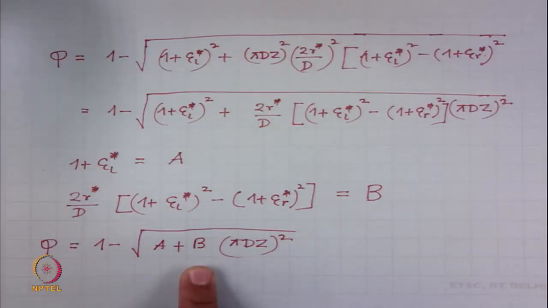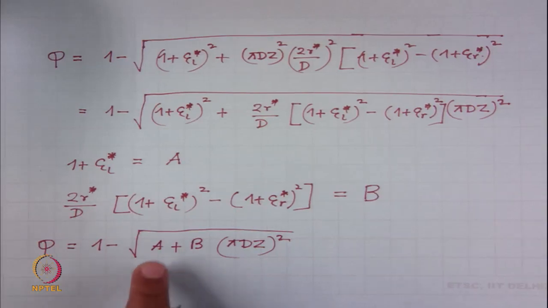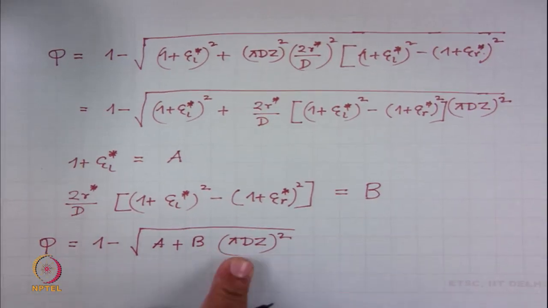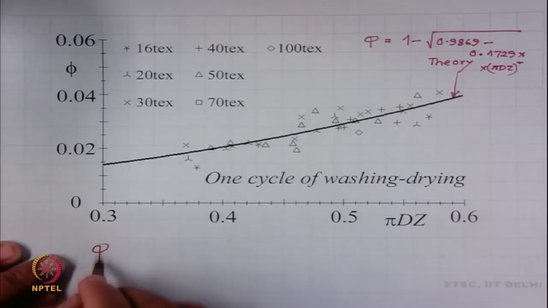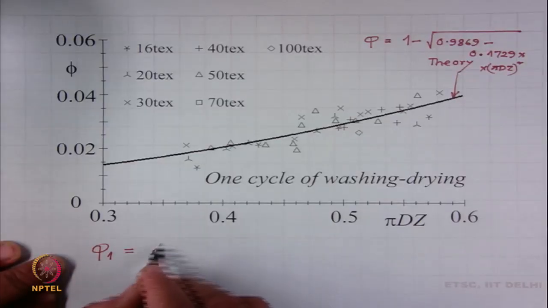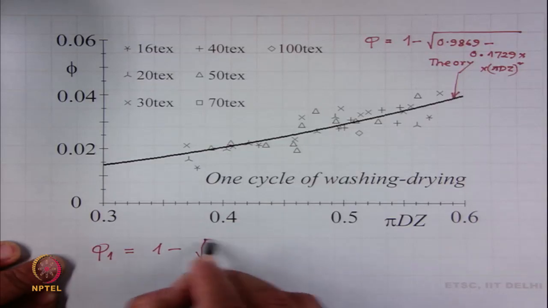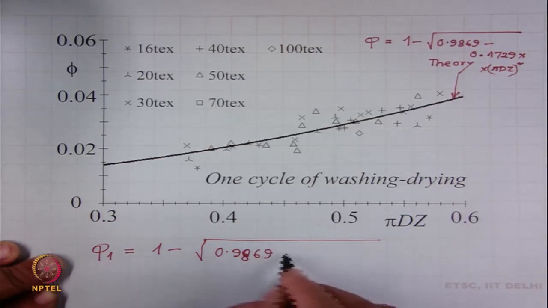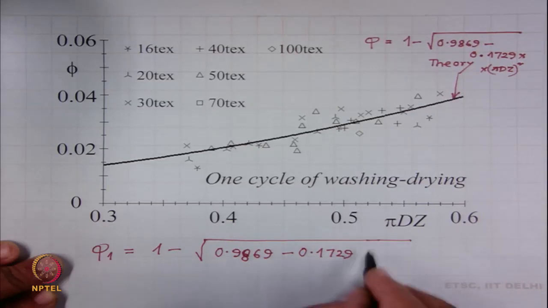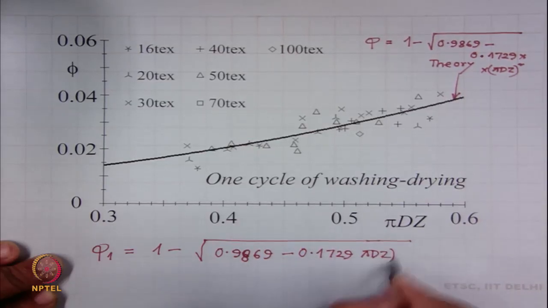By using statistical regression technique, we obtained the values of A and B. These values are written here. So, for first cycle we obtain 1 minus root over 0.9869 minus 0.1729 into pi dz squared.